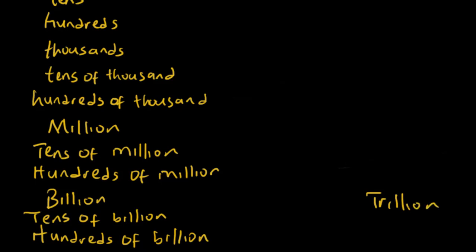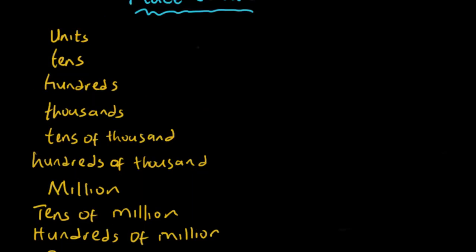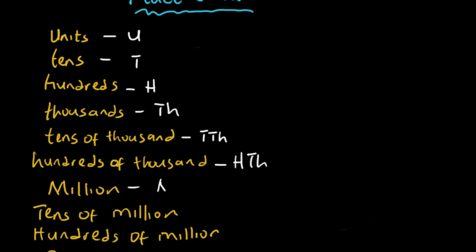We still have tens of trillion, hundreds of trillion, then we can have a quadrillion, and so on and so forth. Do you understand? Now, for the sake of simplicity, we are going to represent units as U, tens as T, hundreds as H, thousands as TH, tens of thousands as TTH, hundreds of thousands as HTH, million M, tens of million TM, hundreds of million HM.